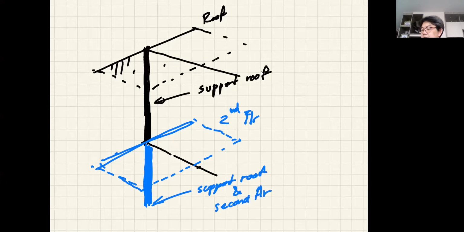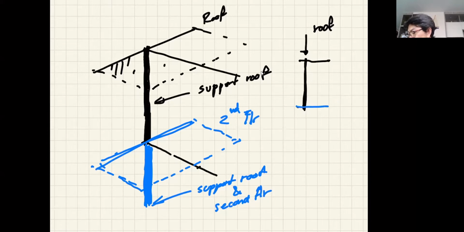Okay, so that means if I am going to draw the column load diagram, I will have something like this, right? And therefore you see the load from the roof. Okay, and then I change the color.